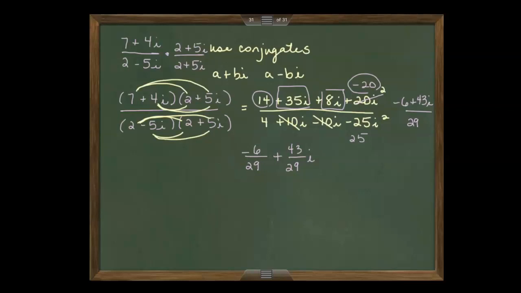Okay, and so we see conjugates pop up when we're solving quadratic equations. That's really when we see these imaginary units. For example, let's say we have 3x squared minus 2x plus 4 equals 0. So here we have a quadratic that is not factorable.